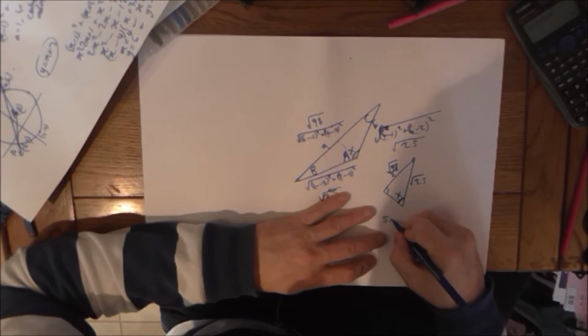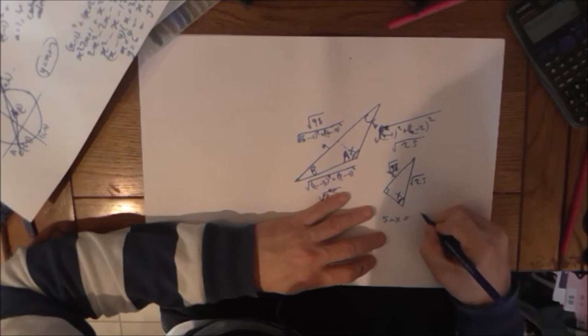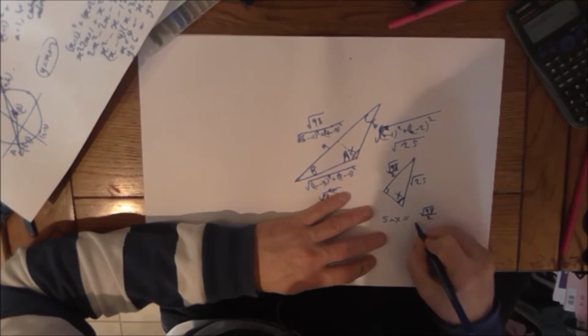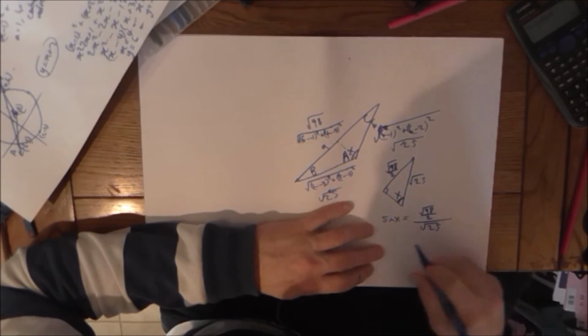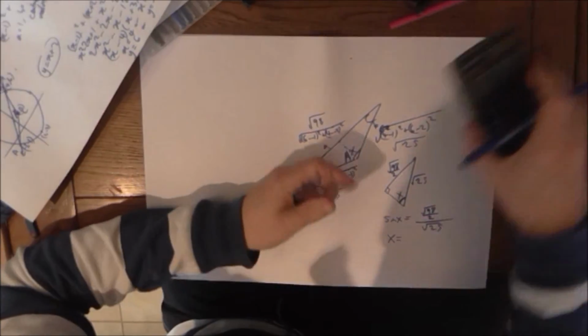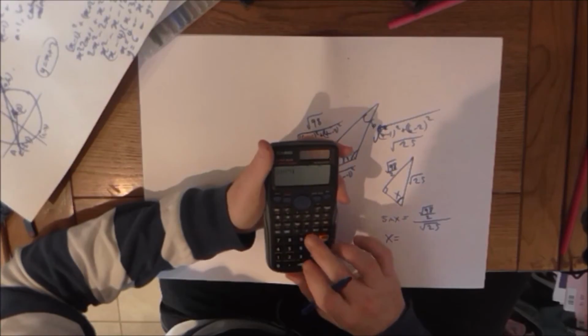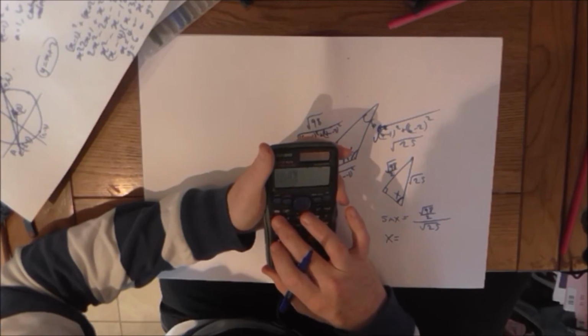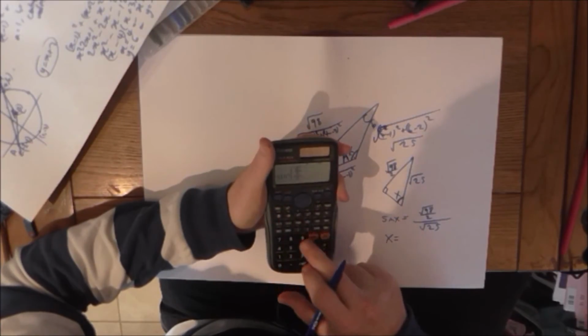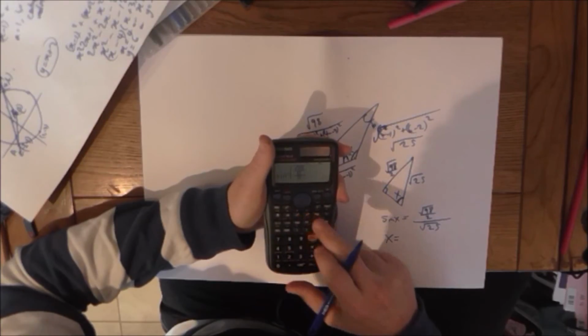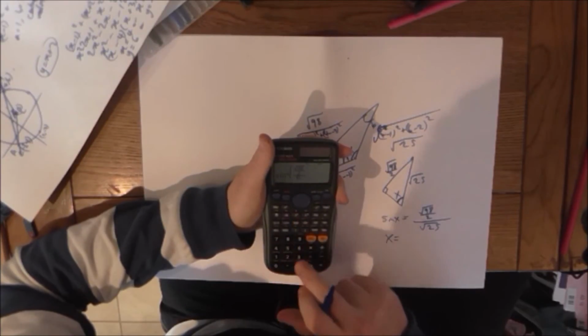So sine of x equals root 98 over 2 over root 25. Do shift sine on that. Shift sine root 98 over 2.